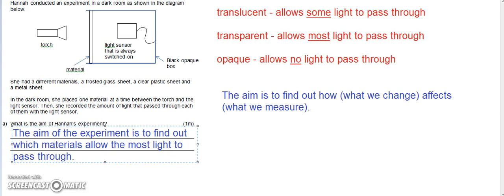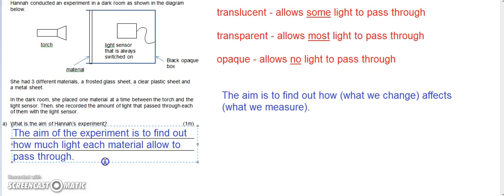Okay, the aim of the experiment is to find out which materials allow most light to pass through, or the aim of the experiment is to find out how much light each material allows to pass through. Okay, so I've given you three possible answers.